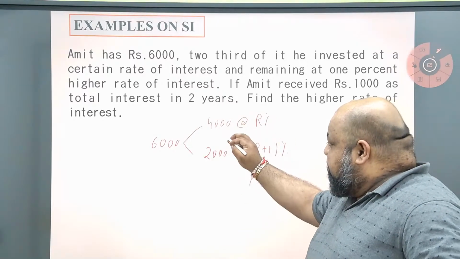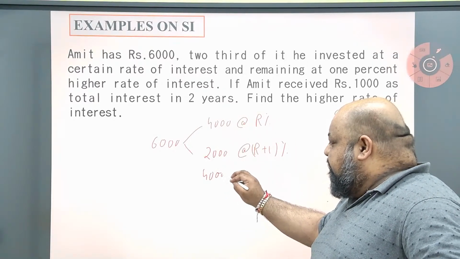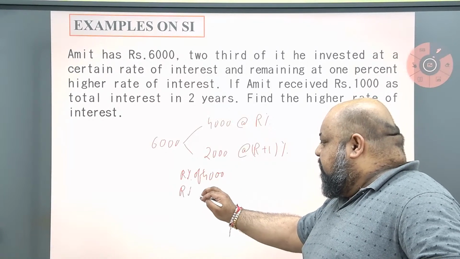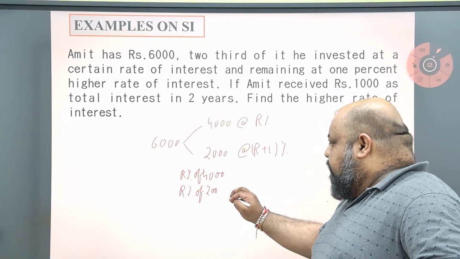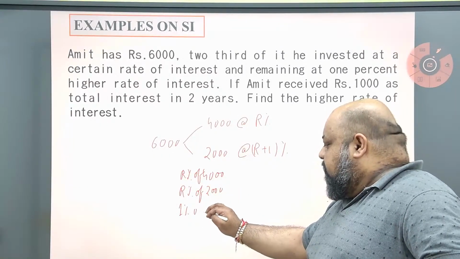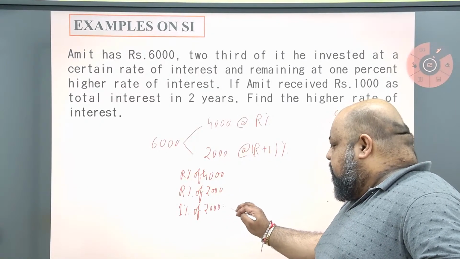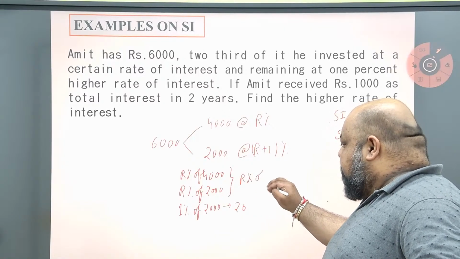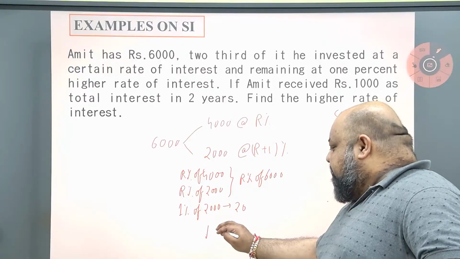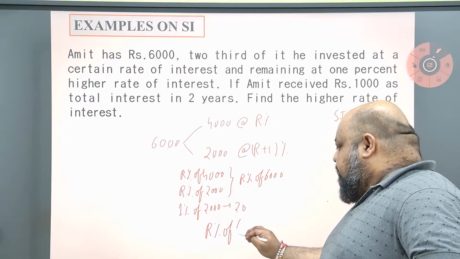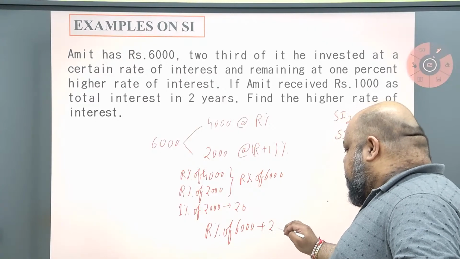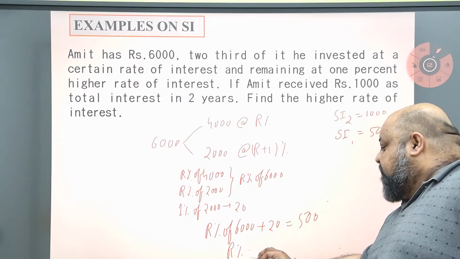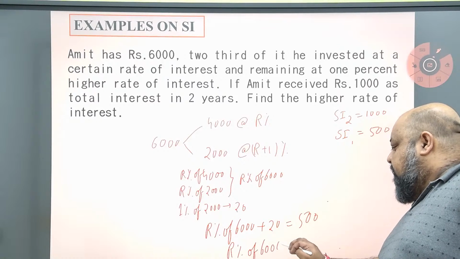Also, if I look at this, I am getting r% of 4,000 plus r% of 2000 plus 1% of 2000. 1% of 2000 will be 20, and this will be r% of 6000. So basically r% of 6000 plus 20 will be the 1 year's interest, which means r% of 6000 will be 480.